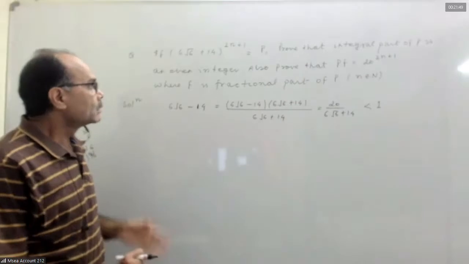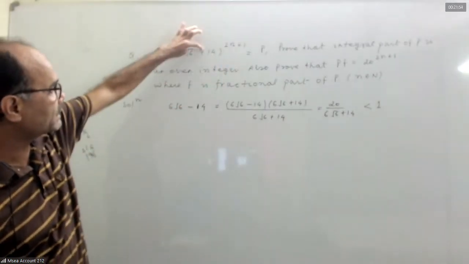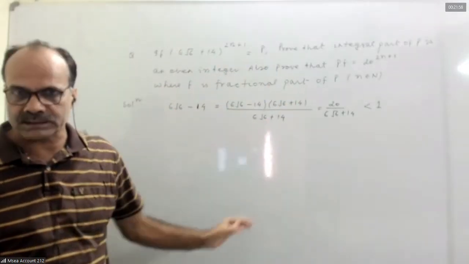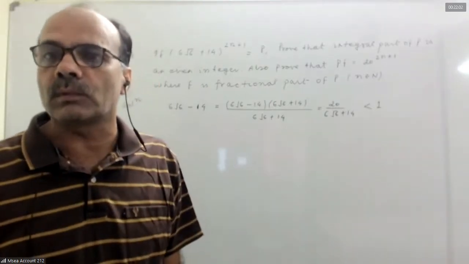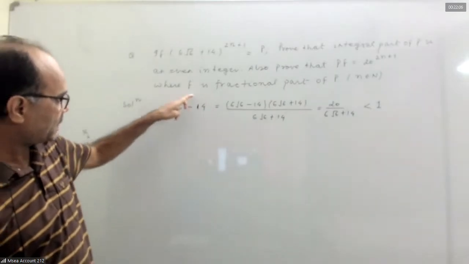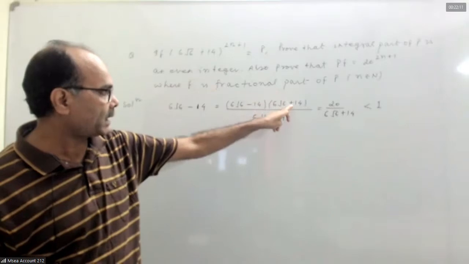Whenever we have this type of question, just take minus here and try to prove that this is a proper fraction. Proper fraction means strictly in between 0 and 1. Just making the numerator part rational by multiplying and dividing by this.